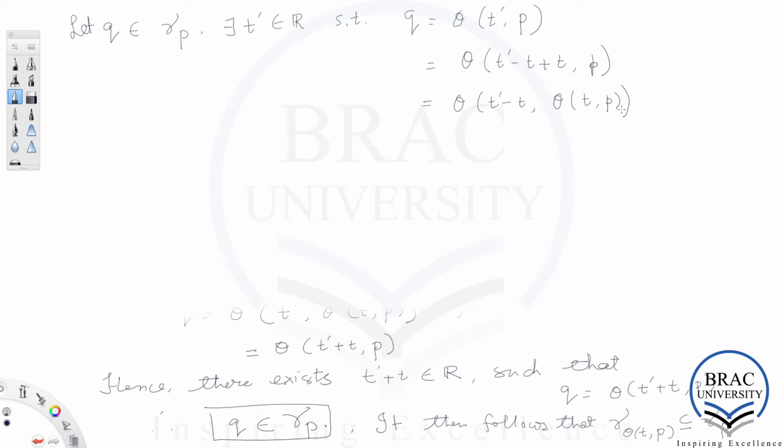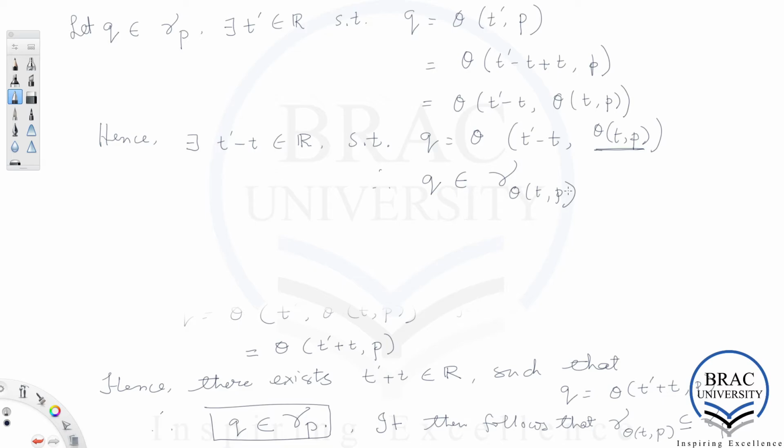Hence we see that there exists T' - T in the set of real numbers such that Q is equal to theta(T' - T, theta(T, P)). Therefore Q belongs to the orbit of theta(T, P).